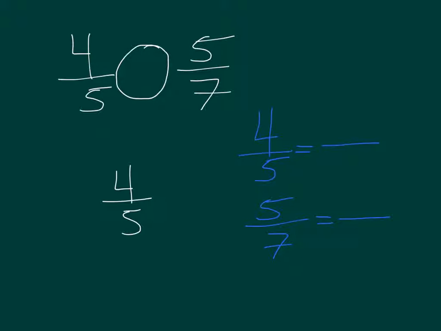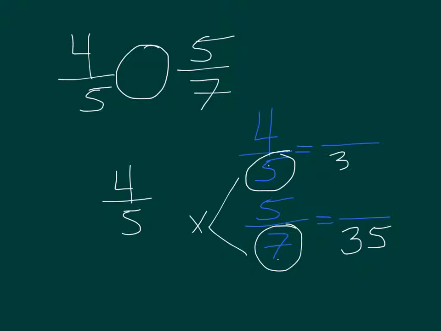How are we going to do that? We're just going to take a look at our denominators here, and we're going to use our math facts knowledge and multiply 5 times 7. 5 times 7 equals 35. We're going to convert both of these fractions into new fractions with denominators of 35.